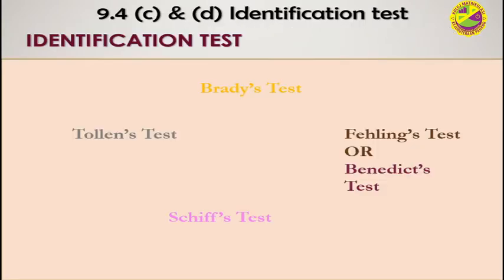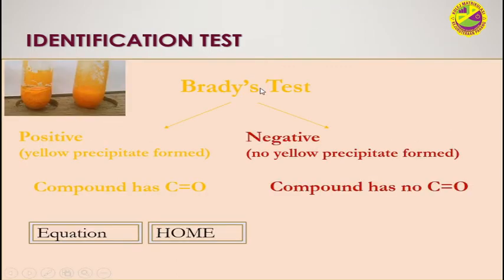We can see here there are 4 main tests: Brady's test, Tollens' test, Schiff test, Fehling's or Benedict test. First, we look at Brady's test. If Brady's test is positive, yellow precipitate is formed, which means the compound has carbon double bond to oxygen.